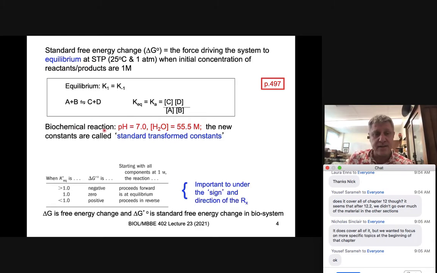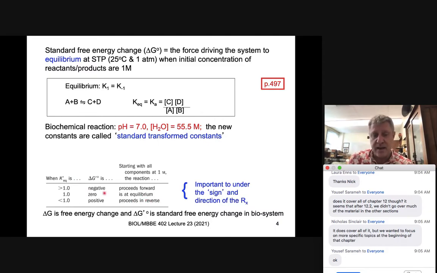We also have this issue regarding pH and also the water concentration of 55.5 molar and the standard transformational constant. So again, I bring this to your attention with the Keq component now added to the delta G prime 0, where we're going to see this particular number being either greater or less than 0, playing a key role in whether we're going to see a negative, 0, or positive component in delta G. When we see a positive delta G, we're going to see the reaction proceeding in the reverse direction.